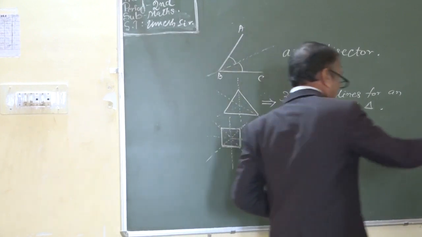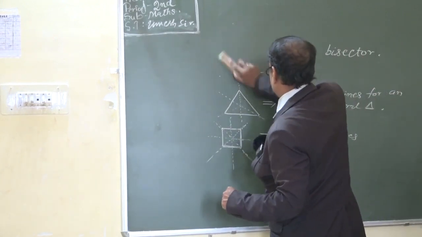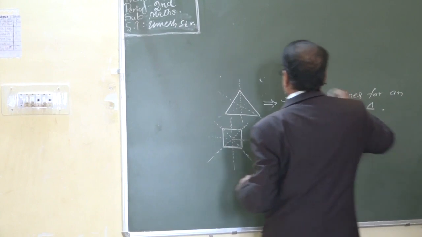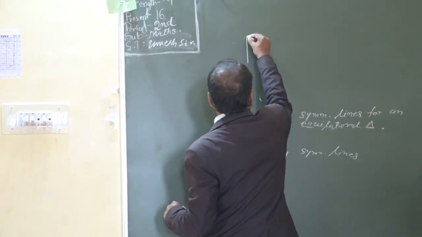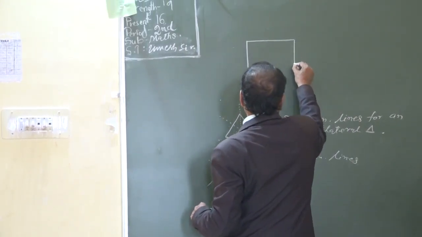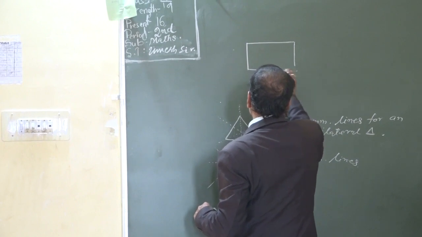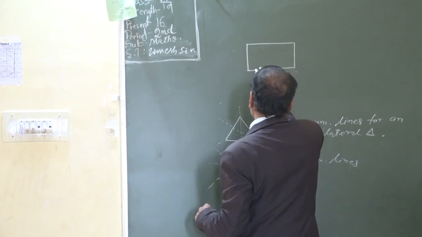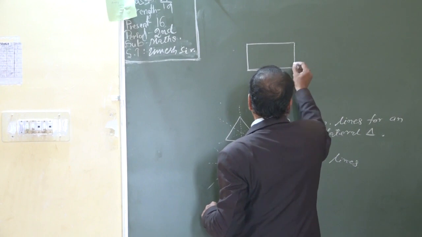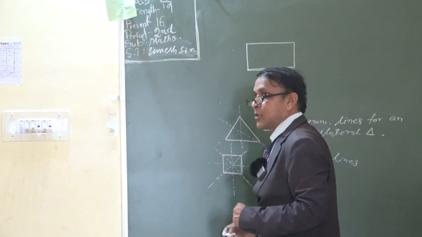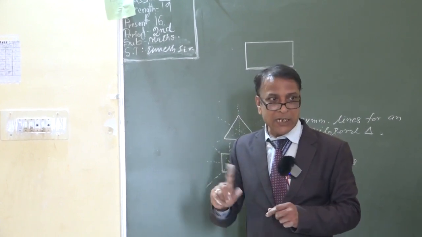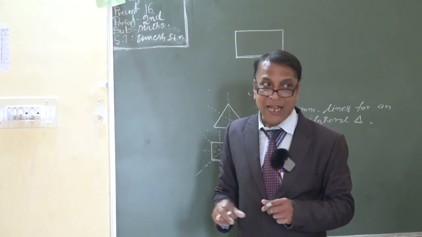Similarly, for a rectangle, how many symmetrical lines are there? Two, not four. Generally, the students write this by mistake. Here also they think of the diagonals, but here diagonals are not the symmetrical lines.